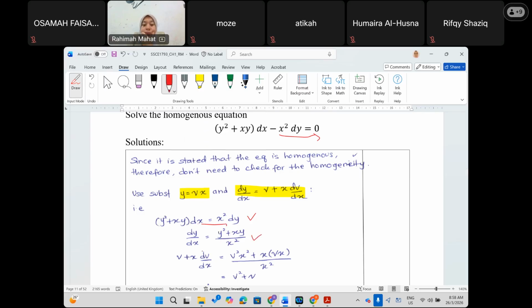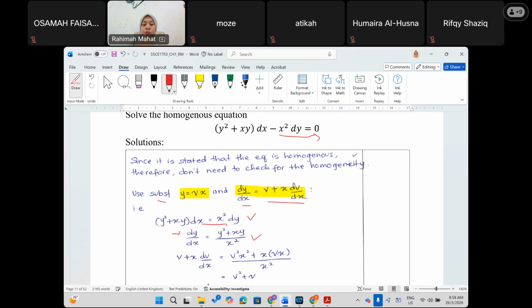Why do you want to get dy over dx? Because you want to substitute dy over dx into this part of the substitution.